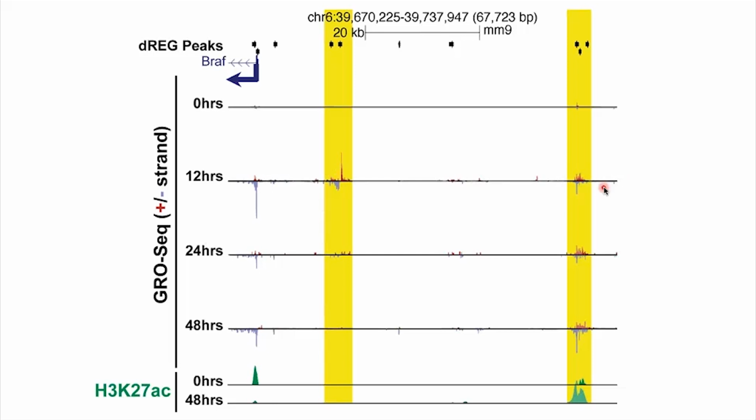While the distal enhancer tracks well with the activity of the promoter in the region, the proximal enhancer spikes really early and then it's virtually gone by 24 hours. So we see this transient expression pattern, and I'll be talking a little bit more about that later as well.